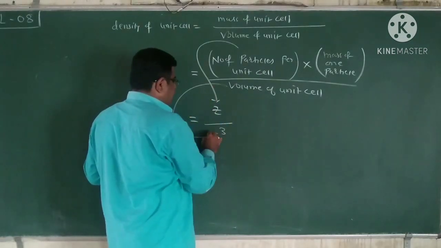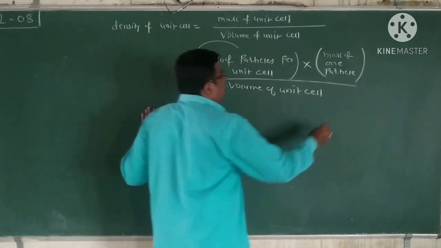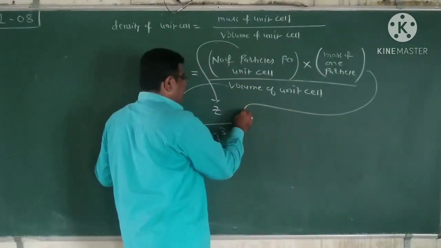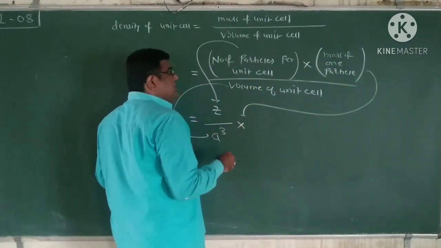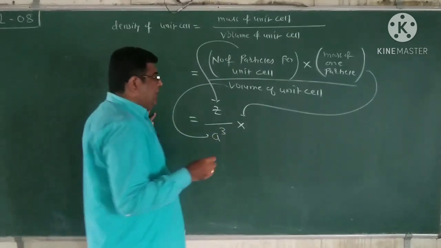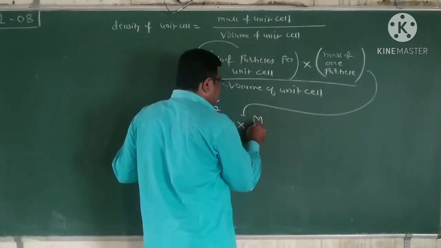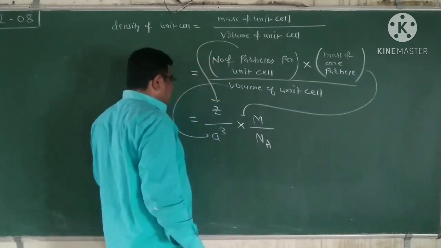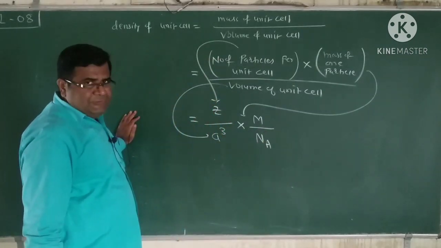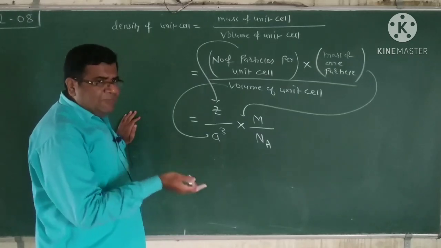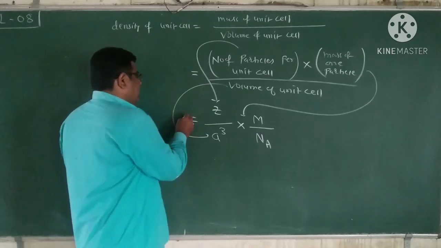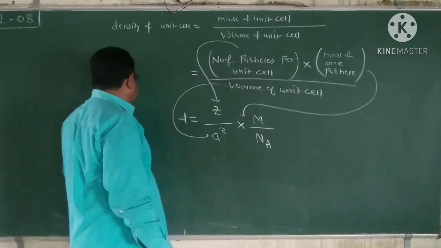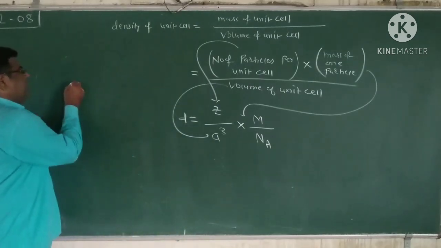This is A cube. Mass of one particle, if it is an atom, is atomic mass divided by Avogadro number. If it is a molecule, molecular mass divided by Avogadro number. So this is the formula of density. What formula are we getting?